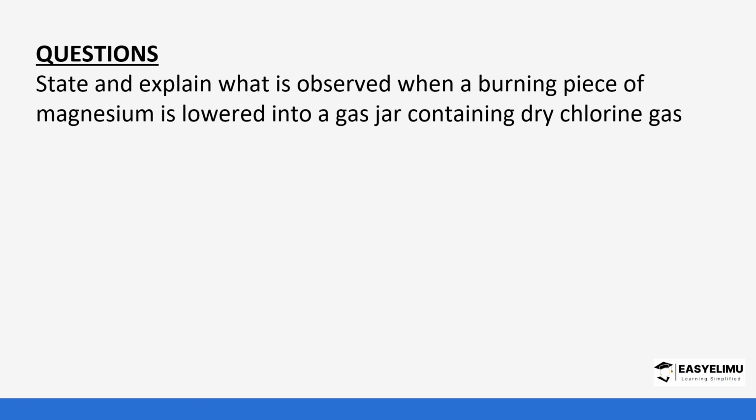State and explain what is observed when a piece of magnesium is lowered into a gas jar containing dry chlorine gas. So basically, we are explaining what we see. One of the things that we see when that happens is a white blinding flame and a production of a white powder.